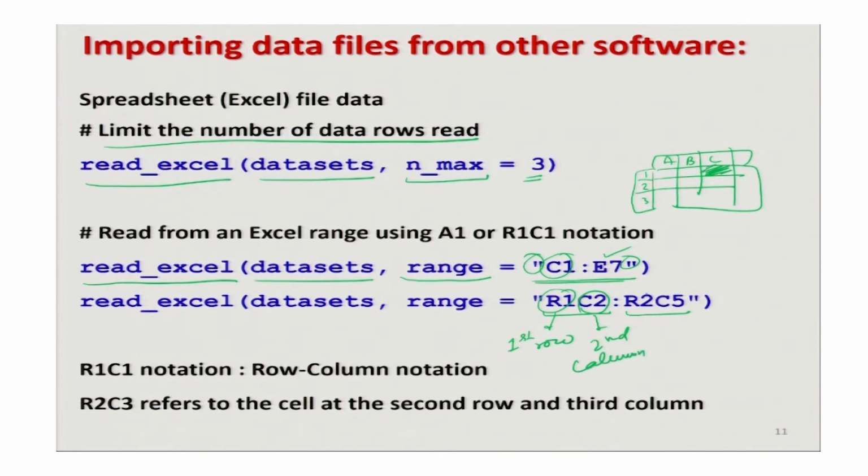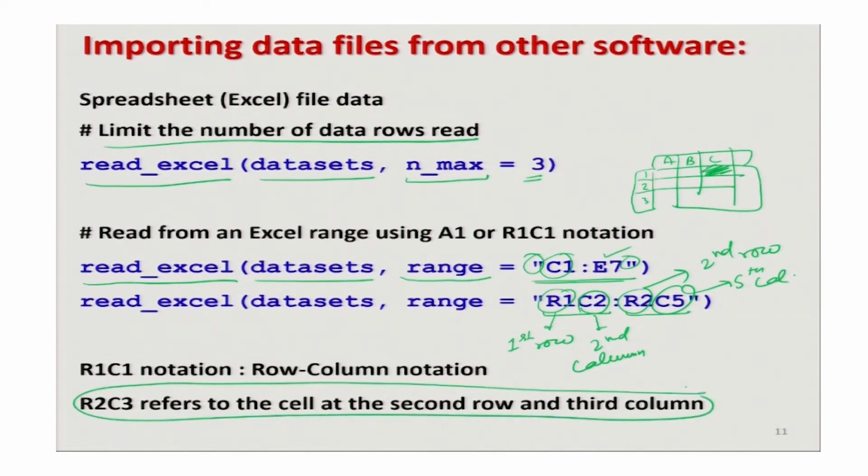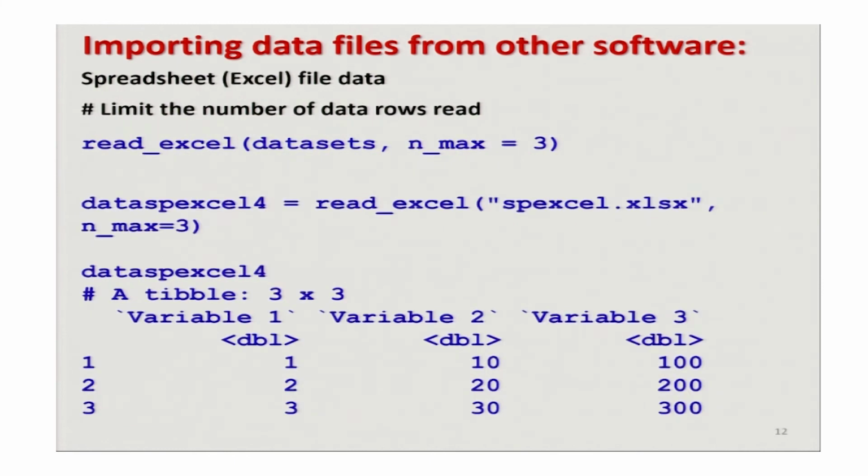Similarly, R2 is the second row and C5 is the fifth column. Right. So you can give this range, and when I write R2C3, this means the cell at the second row and the third column. This is the way it reads it, and you can do it very easily.